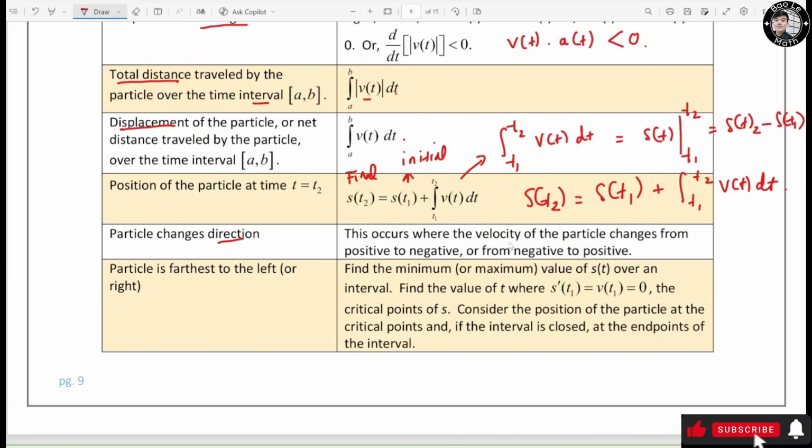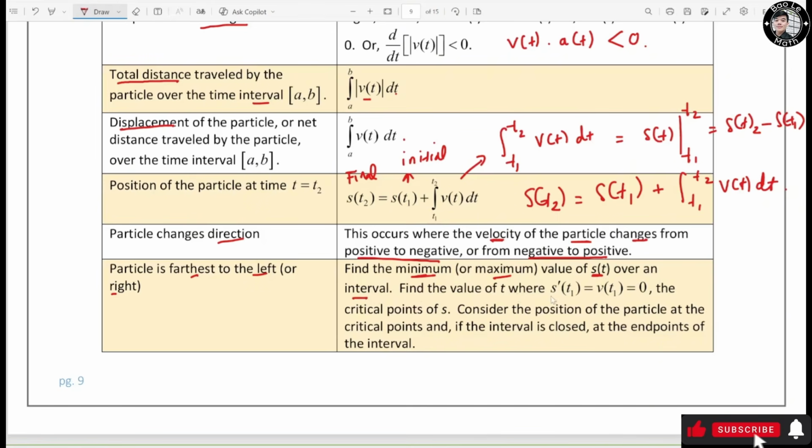Now, the particle changes direction. This occurs where the velocity of the particle changes from positive to negative or from negative to positive. The particle is farthest to the left or to the right. It means you need to find the minimum or maximum values of s of t over an interval.